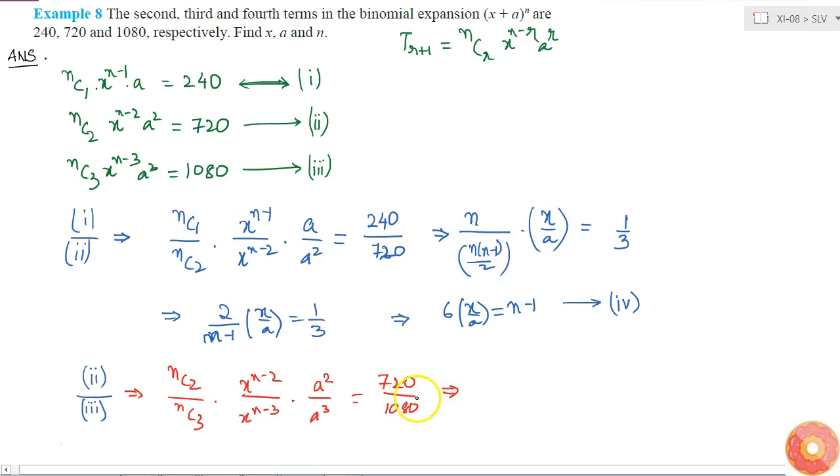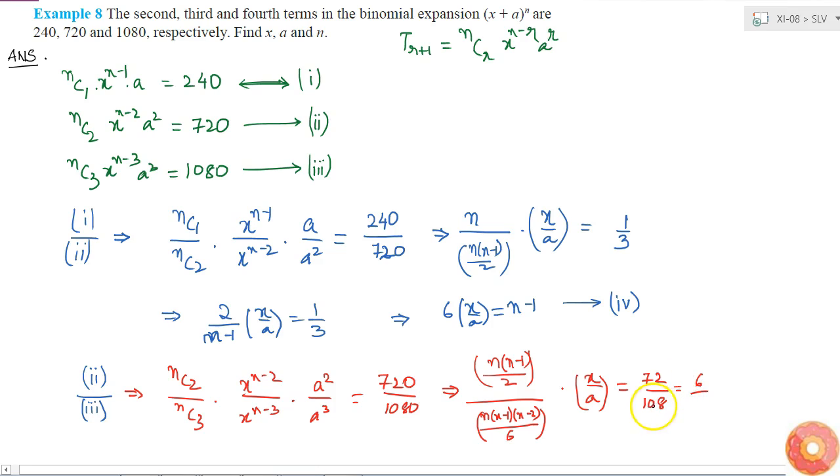What does this mean? nC2 is n into (n-1) by 2 divided by n into (n-1) into (n-2) divided by 6, because 3 factorial will be 6, multiplied by x by a is equal to what? 720 by 1080, or this is equal to 72 by 108, or I can further simplify it as, if I divide them by 12, I'll get 6 by 9, or 2 by 3.